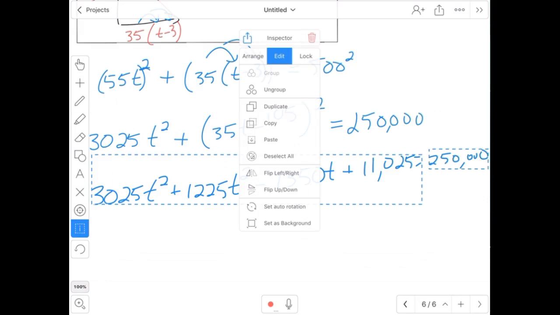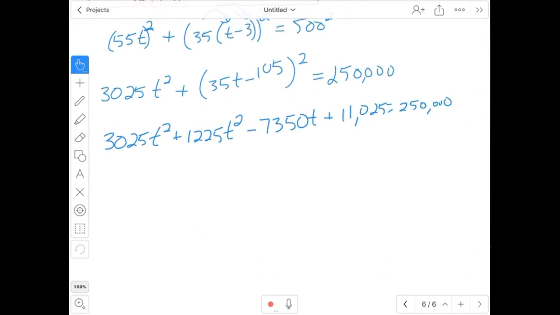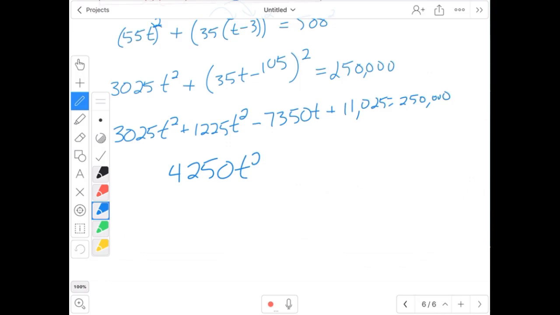Group those two together. And we might as well group it with the rest so we can keep going. Let's combine some like terms. 3025 plus 1225. So we have 4250 t squared minus, I'm going to save myself one step.